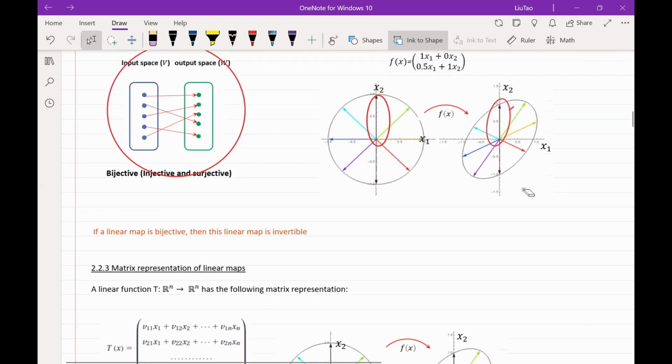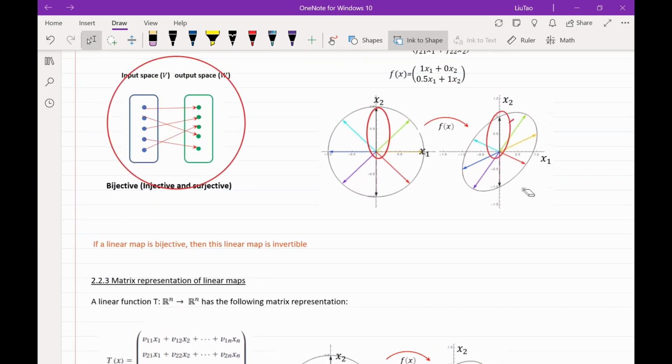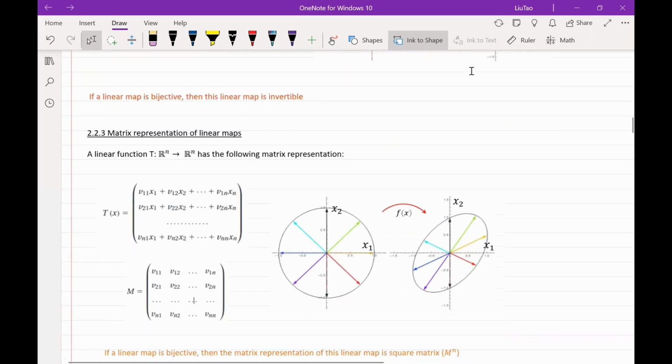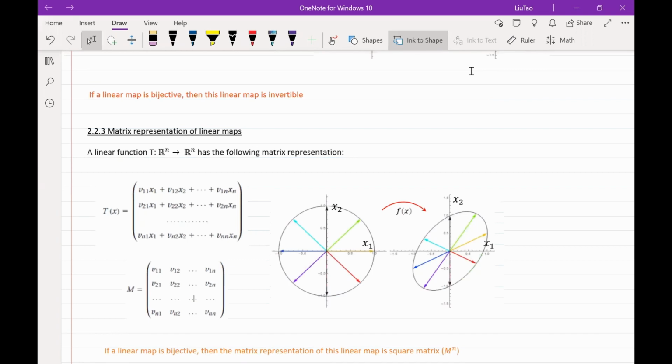So if a linear map is bijective, then this linear map is invertible. Any questions?